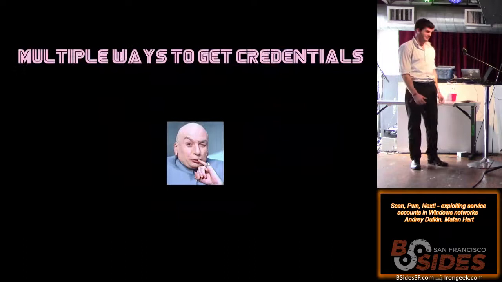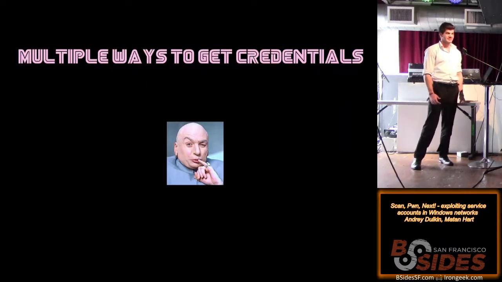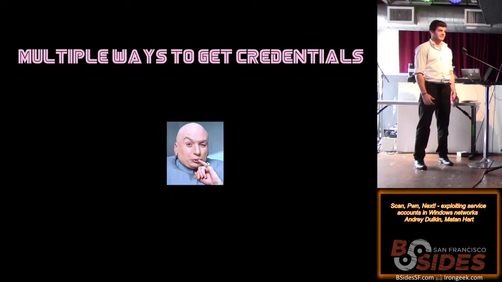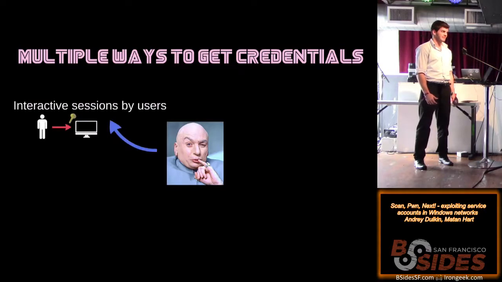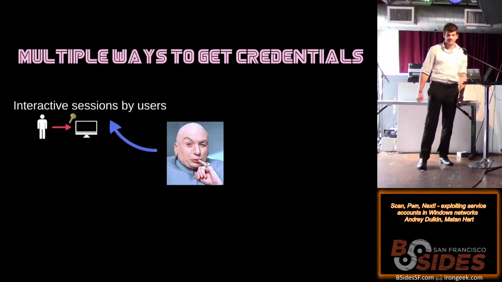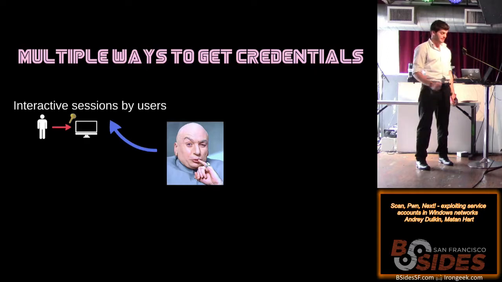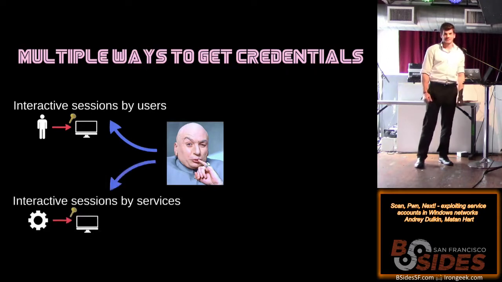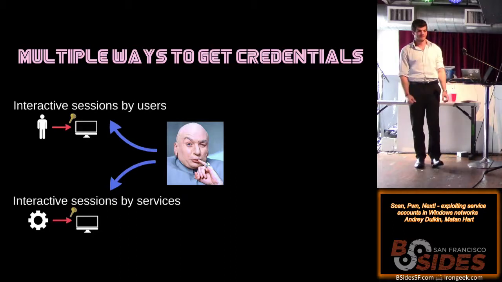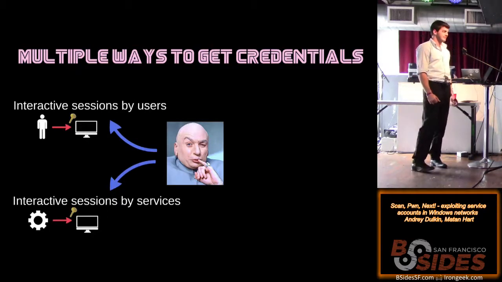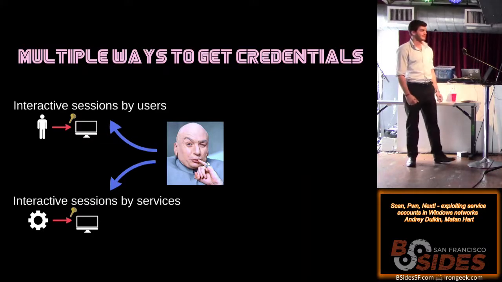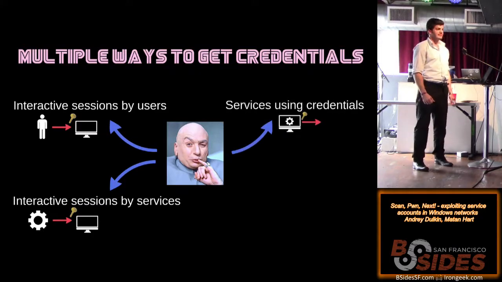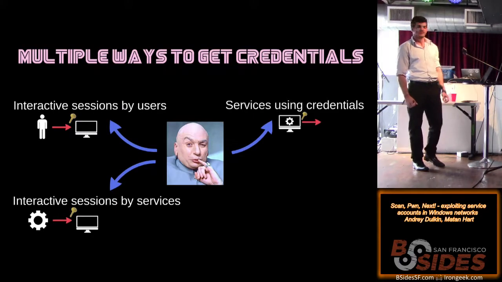Let's try to see all the ways that we've discussed up until now for an attacker to gain credentials in the network. Users, whenever they connect to machines in the network and have interactive sessions, leave behind credentials that an attacker can steal. Services, or automated processes, when they connect to machines in the network, leave behind credentials that an attacker who compromises that machine can steal. We have the services themselves that are using credentials.